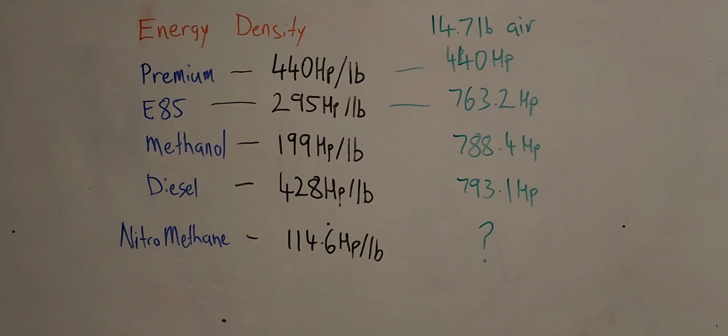But, and this is the thing that I haven't included, anyone who knows E85 or methanol, they run a lot richer. And because of the amount of fuel that is being run, when we compare it to 14.7 pounds of air, which is a direct comparison to how much air would be consumed for normal premium gasoline, we can easily see why we pick up horsepower when we change fuel.